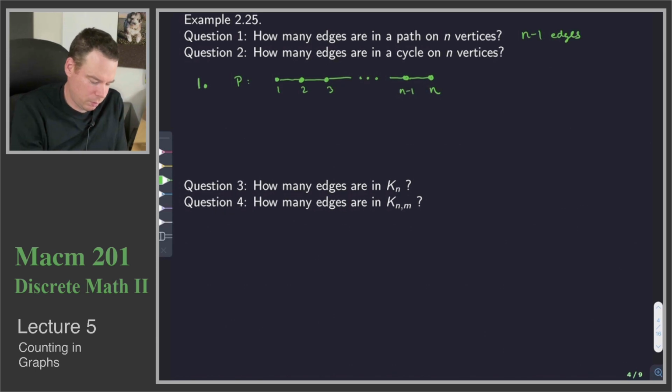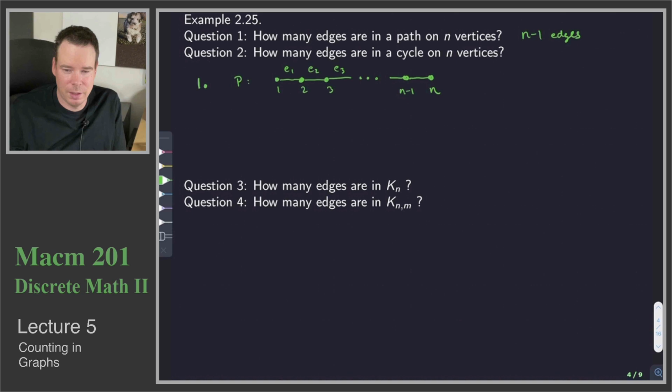And so what is our edge count? Well, we have a first edge, a second edge, a third edge, and if you notice, the subscript that I'm writing on the edge is just matching the vertex label on its left end. So that means when I get all the way down here, this is an e sub n minus 1, and so that means there are n minus 1 edges.